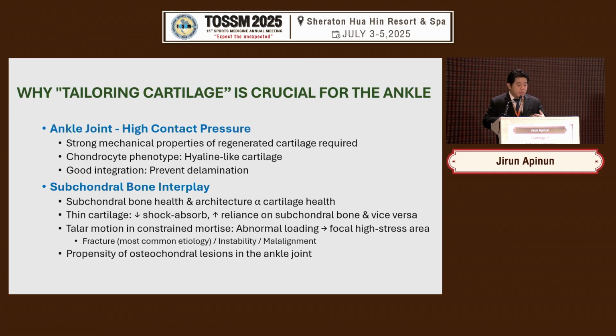And if you look into the disease, or the clinical problem, of the cartilage of the ankle, there's a propensity that the problem of the bone and cartilage will occur together, which we usually call the osteochondral lesion. So they come together.